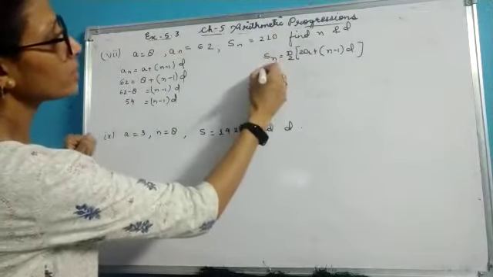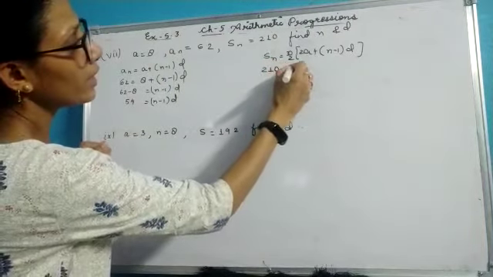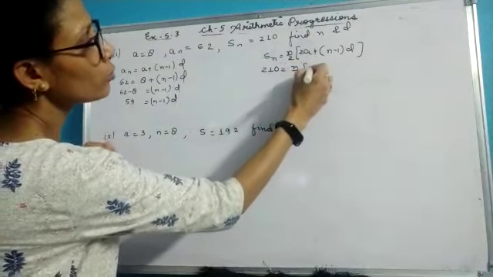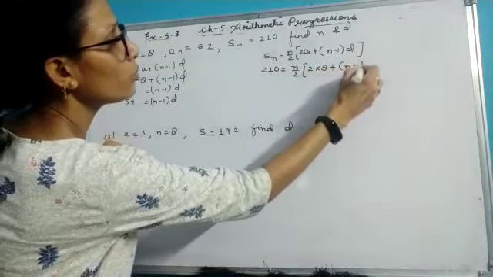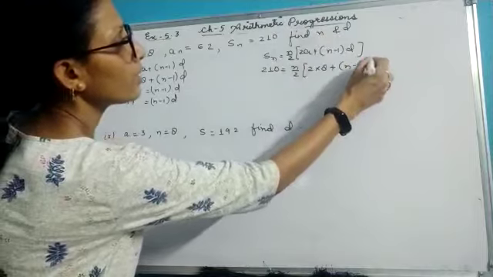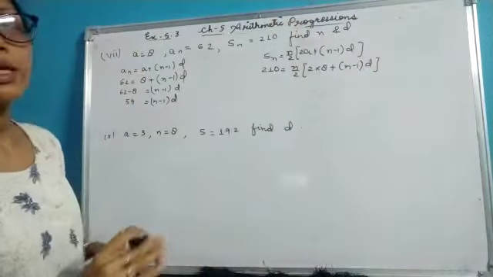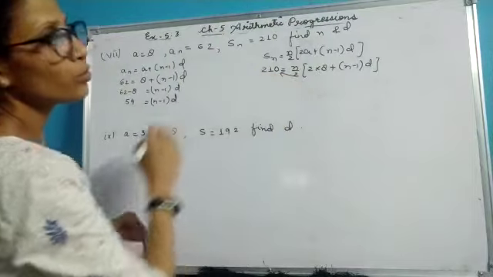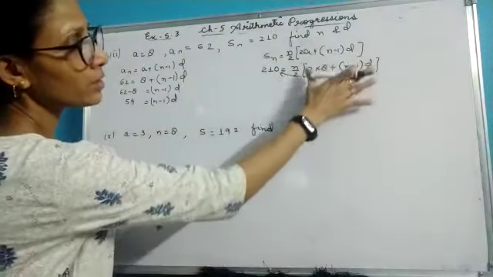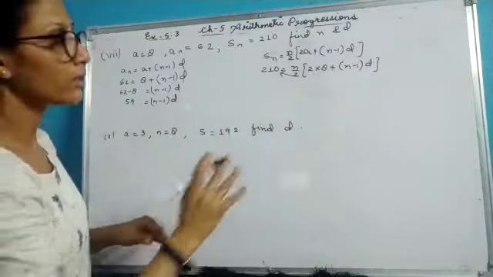Now Sn is given to me as 210, N I don't know, 2A is known to you, which is 8, plus again N is unknown and D is again unknown. So I have written it like this only. Let's solve it further. I can take this to this side, since this is multiplication with the complete term, that's why I am bringing it here.